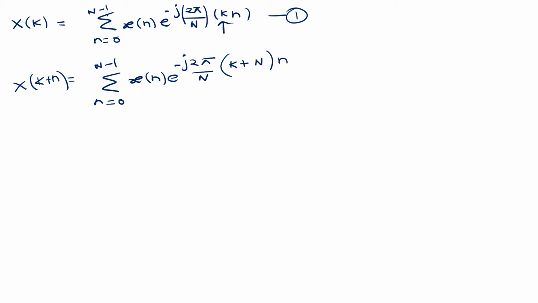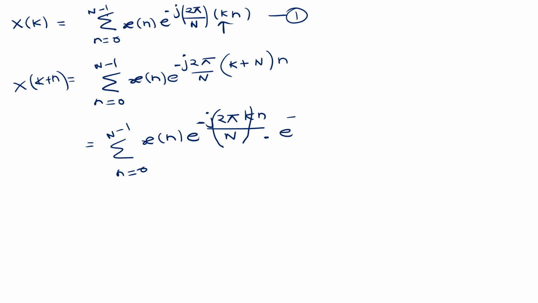All right, so similar to e power a plus b being e power a into e power b, we will split it again: x of n e power minus j 2 pi kn by N. Okay, this is fixed, and multiplication by e power minus j 2 pi Nn by N. So N gets cancelled, and this term is e power minus j 2 pi n.